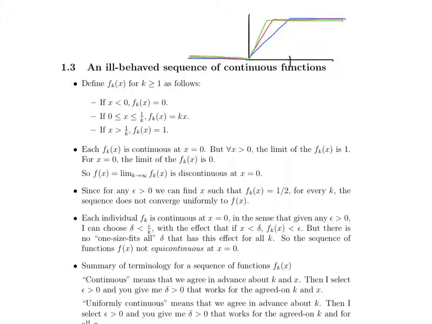But let's try and figure out what the limit of f sub k is. The idea is that if you look at any particular x value, if it's less than 0, the function value will always be 0. If it's greater than 1, the function value will always be 1.